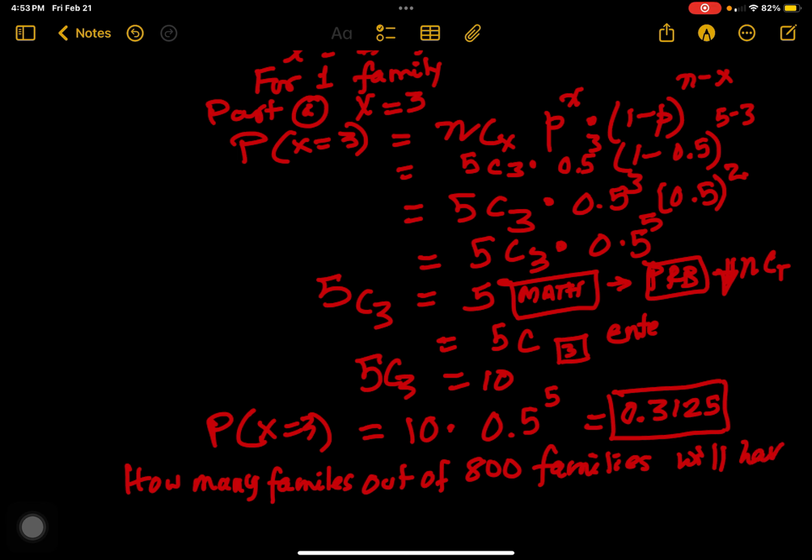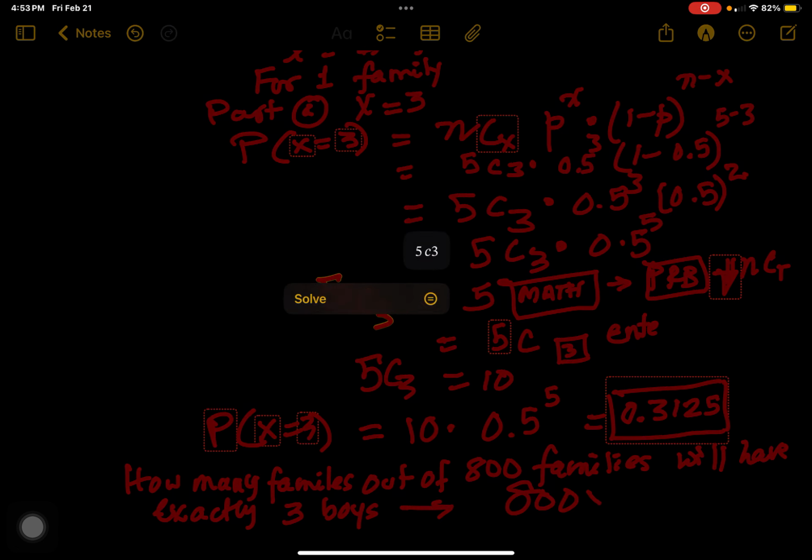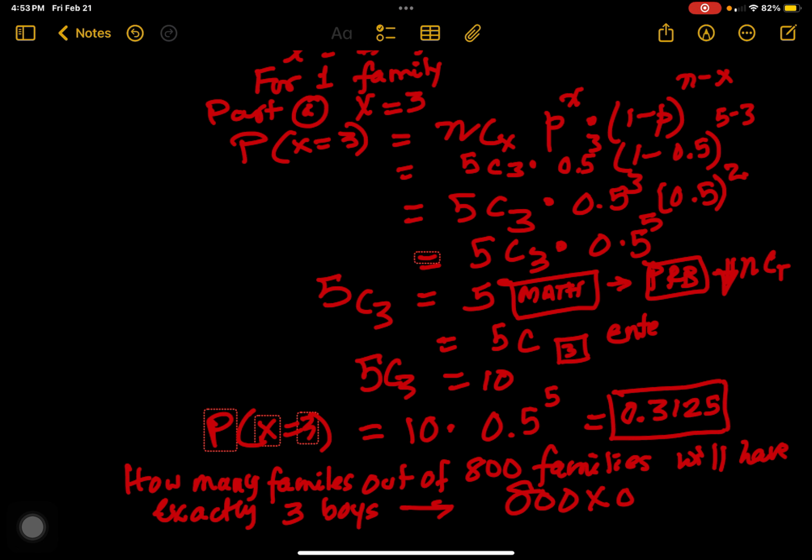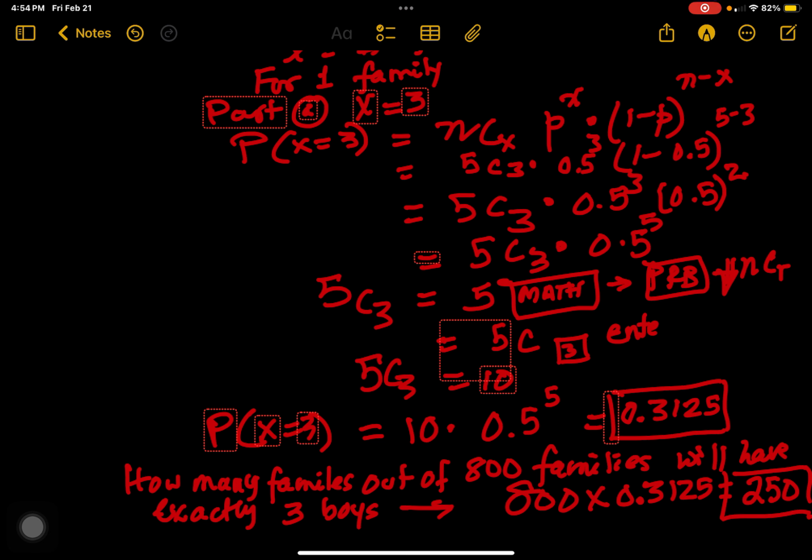That is 800 multiplied by the probability for each family, 0.3125, and that will be 250. So that's your answer for part A.